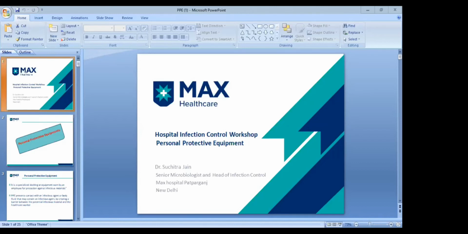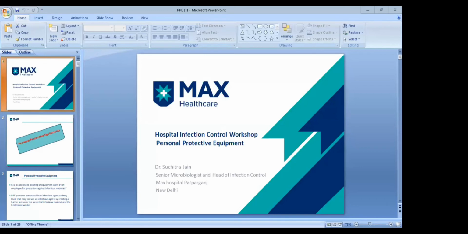She has also done Masters in Hospital Management from National Institute of Health and Family Welfare. She has certification of infection control by Asia Pacific Infection Control Society, Singapore, and she is trained in ISO 15189 as internal auditor in 2012 and again in 2014, and she is also an assessor with NABL.